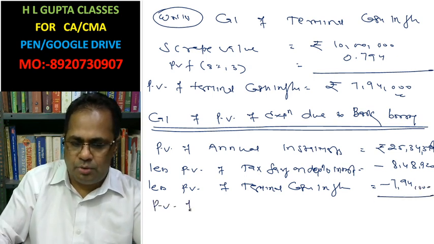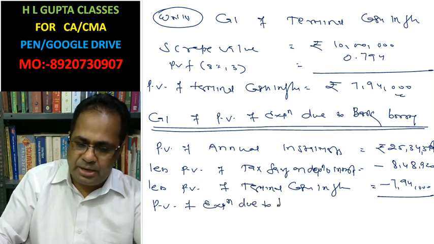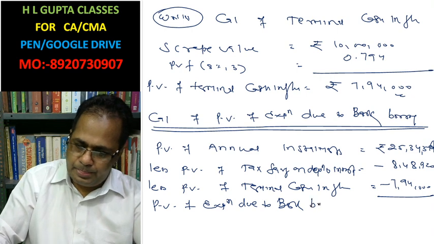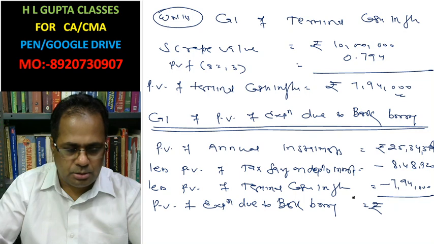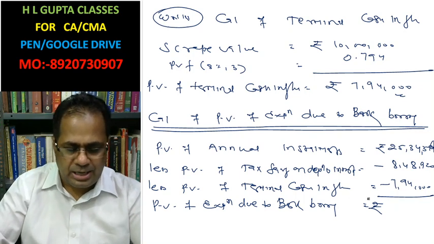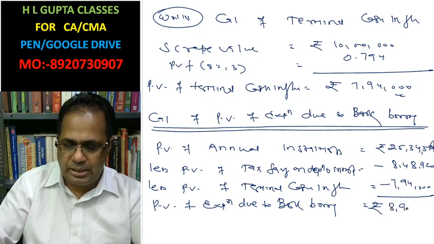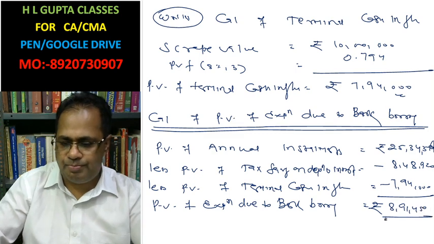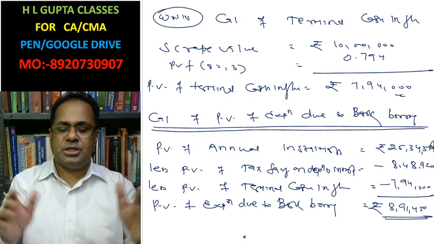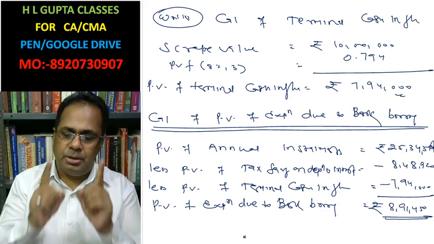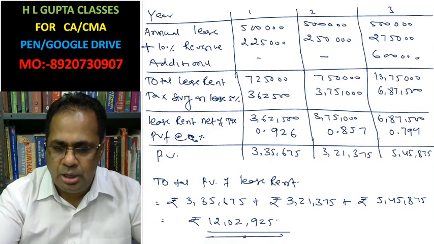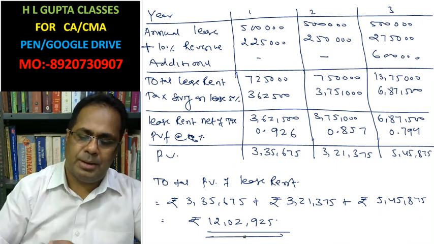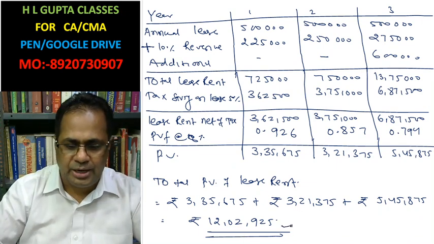Present value of expenditure due to bank borrowing is rupees 8,91,450. The present value of expenditure due to bank borrowing is 8,91,000, and the lease is 12,02,925.